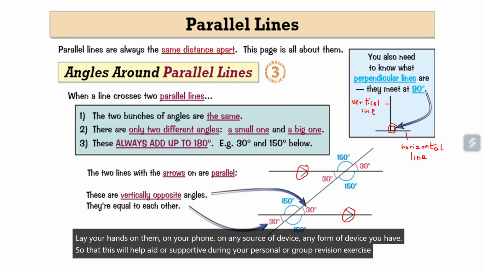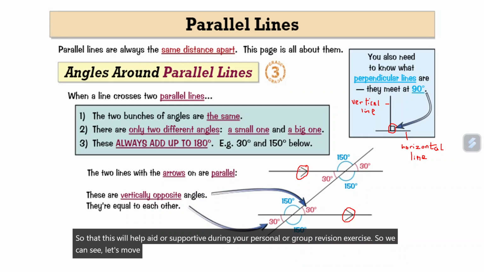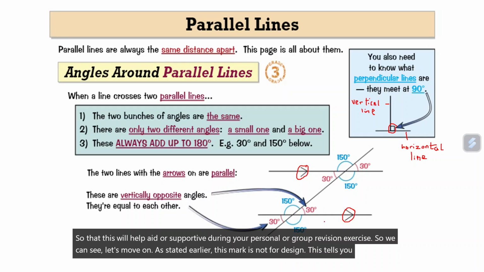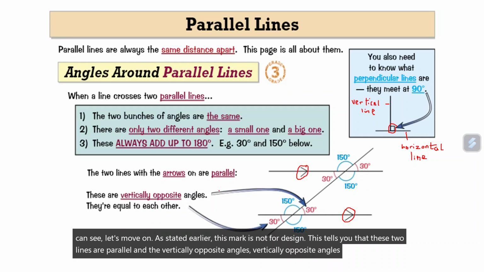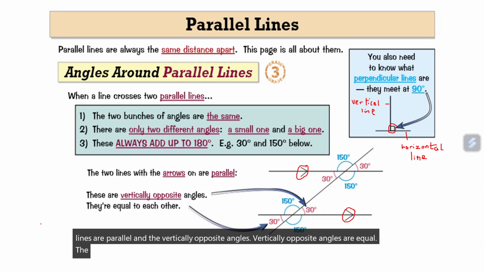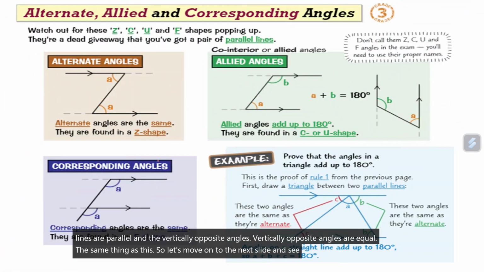So let's move on. As stated earlier, this mark is not for design. It tells you that these two lines are parallel and the vertically opposite angles are equal. The same thing as this. So let's move on to the next slide and see more facts.